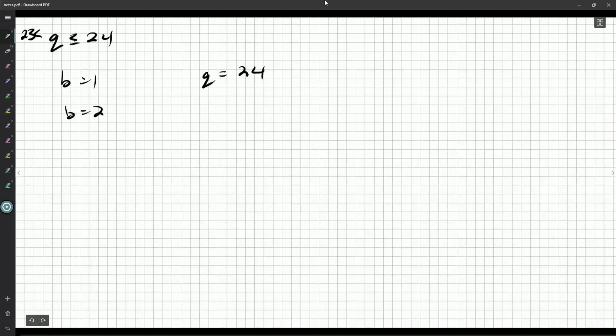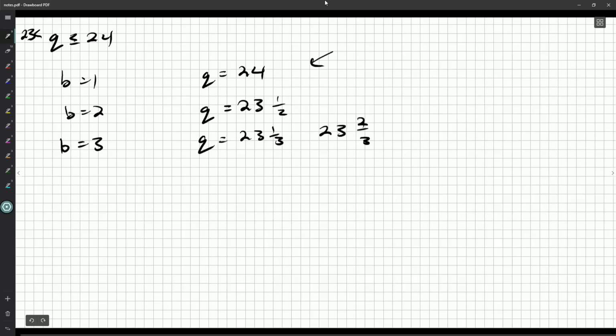If b is 2, you could have Q is 23.5, or 24, but we already counted 24 once, and we're going to have to be careful that we don't double count. So in terms of thirds, and it might be easier for me to write fractions, we'll have 23 and a third, 23 and 2/3. You won't have 23 and 3/3. It's 24. We already counted it.